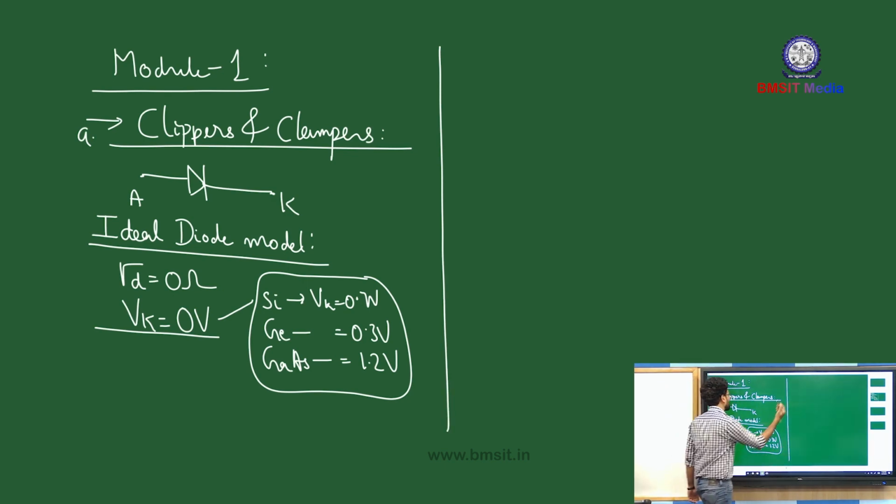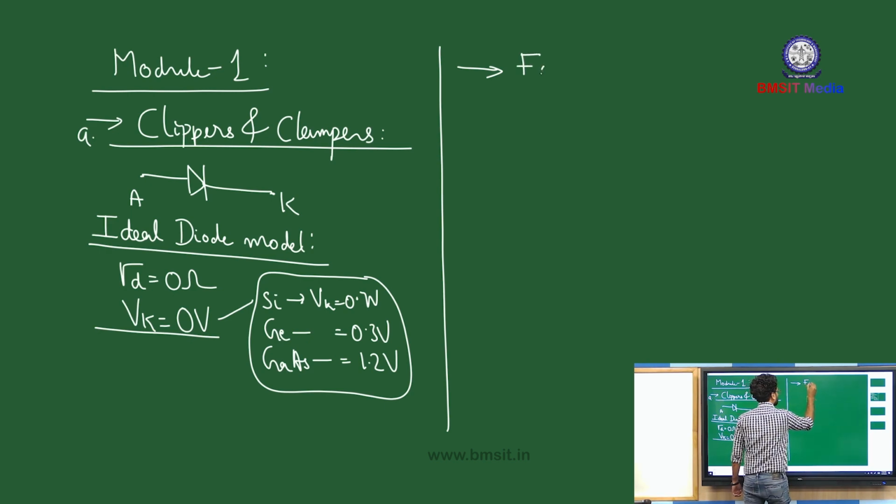In the ideal diode model, we are going to provide two separate circuits, one for forward biasing and one for reverse biasing. First let us consider forward bias. What do you mean by forward bias?